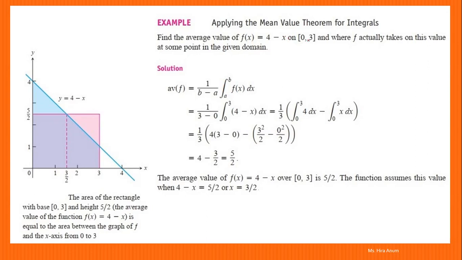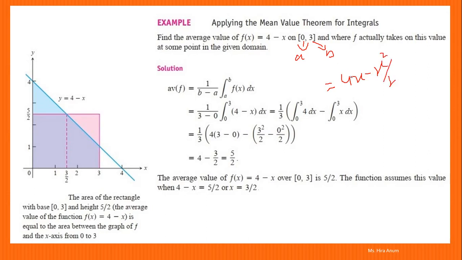Putting the limits, lower limit is 0, this is the value of a and this is the value of b.